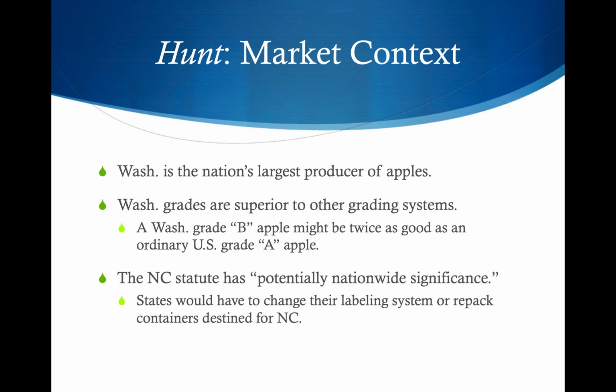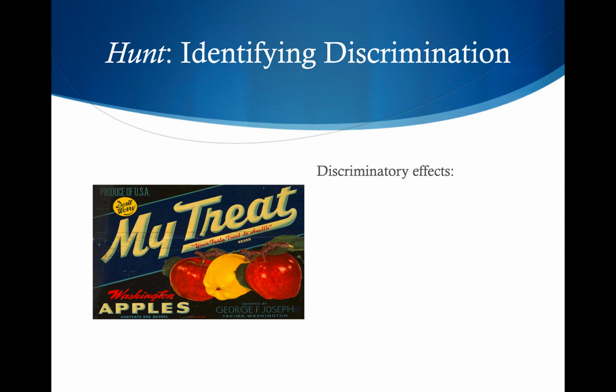So the court seemed to be hinting that the burden would be significant here if it were doing the balancing test. But because the statute is also discriminatory, it's going to get the even stricter heightened scrutiny test. So how does the court determine that a statute is discriminatory when it seemingly, on its face, applies to all the industry in all the states?